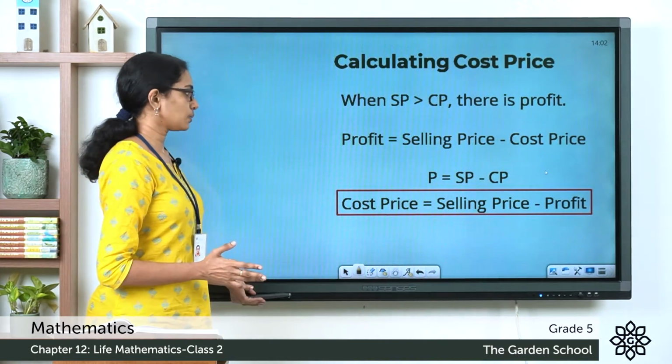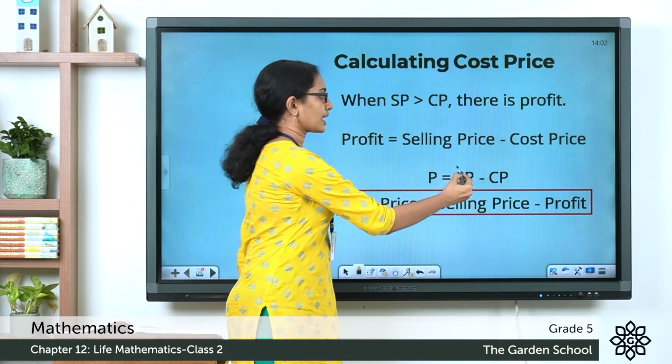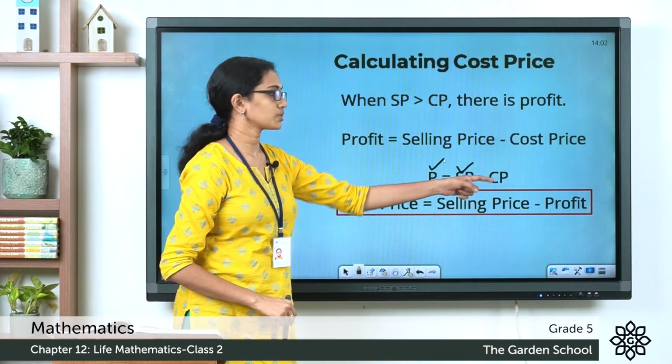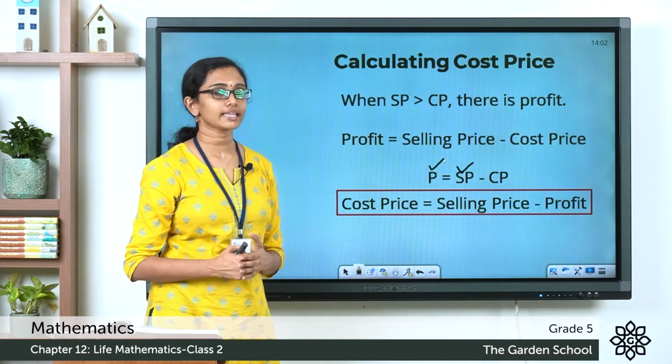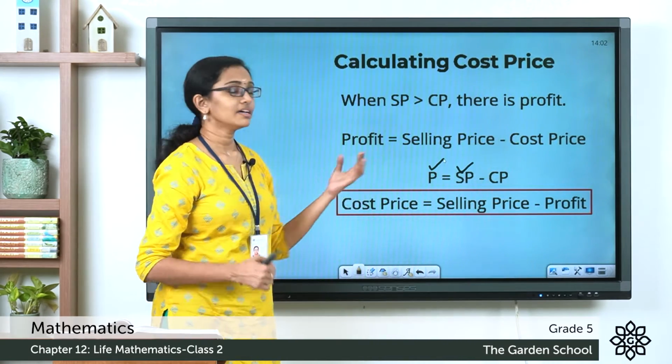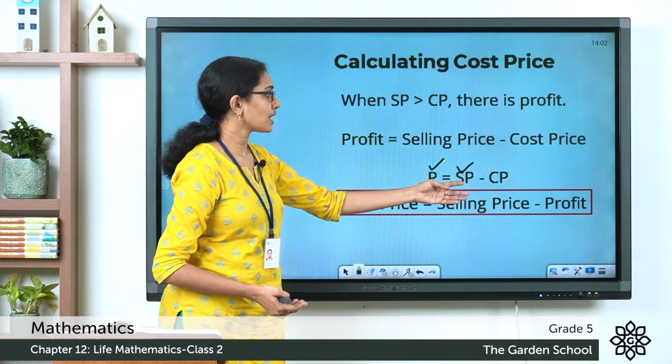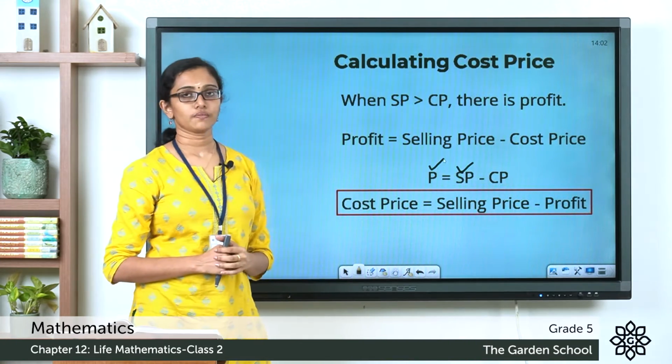So if we are given the selling price and the profit of a business, we can easily find out the cost price, right? So how can we write that? From this formula, we can write the cost price is equal to the selling price minus the profit.